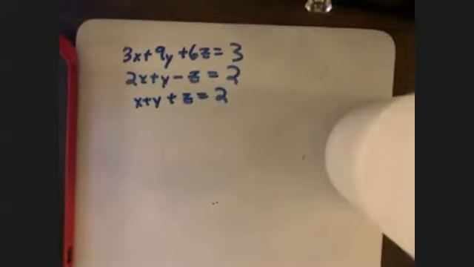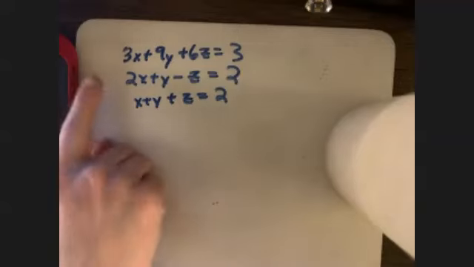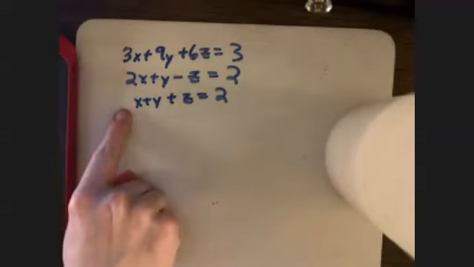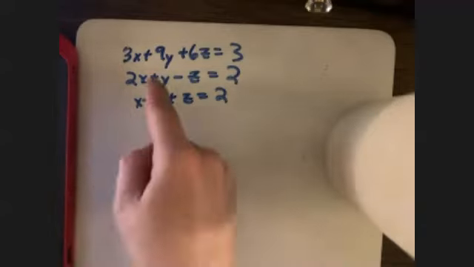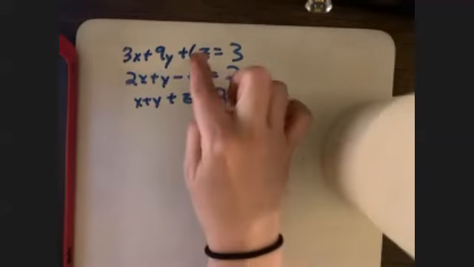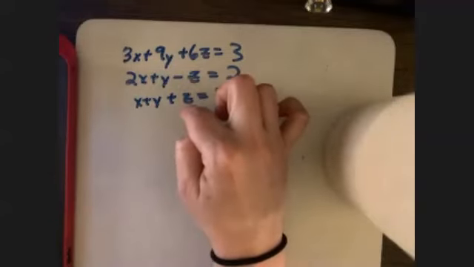Okay, now what's going to happen is we have got to partner pair two of these equations together and get rid of a letter. Then we've got to partner pair two other ones together and get rid of the same letter, okay? Now, looking at the coefficients on our x's, 3 and 2 and 1 will all match up at 6, so I probably have to match them out at 6. 9 and 1 and 1 is all going to go at 9, and 6 and 1 and 1 will all match at 6.